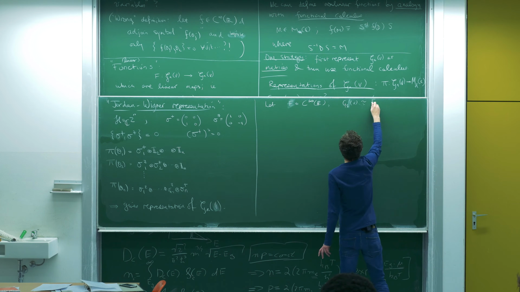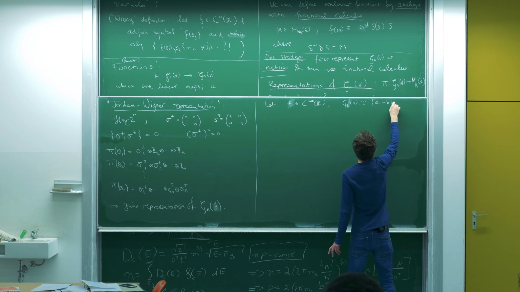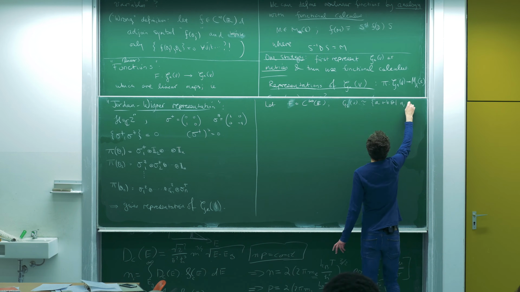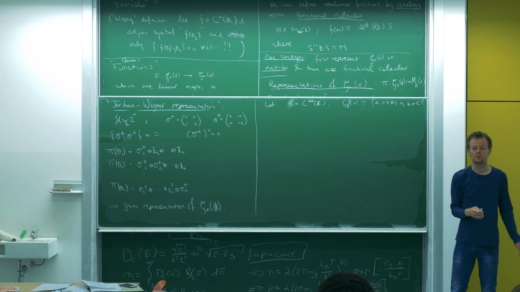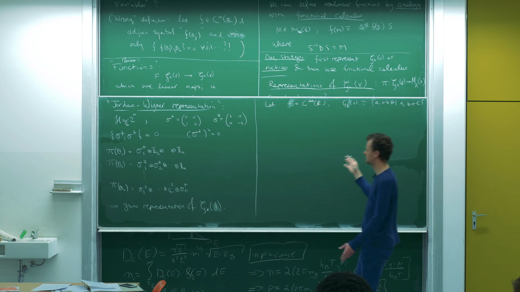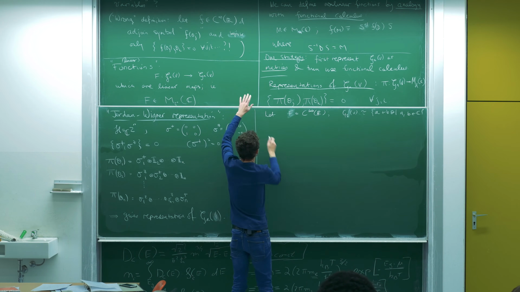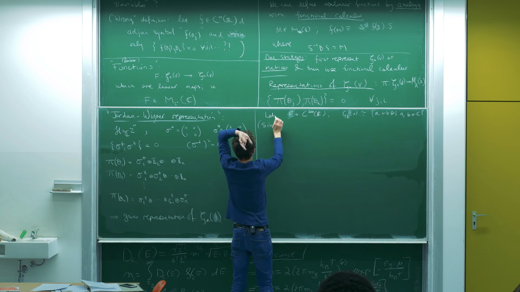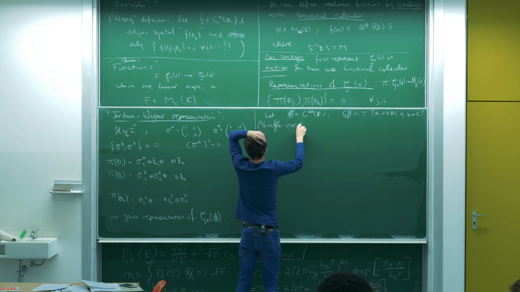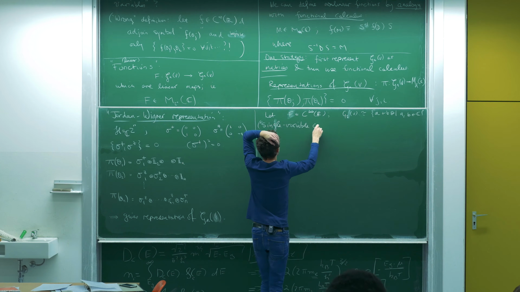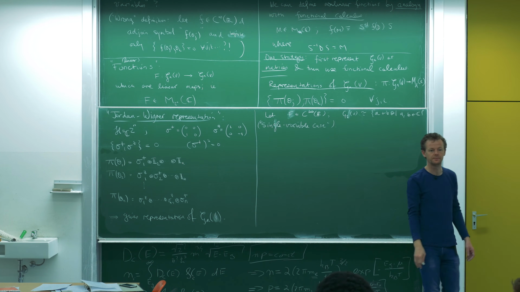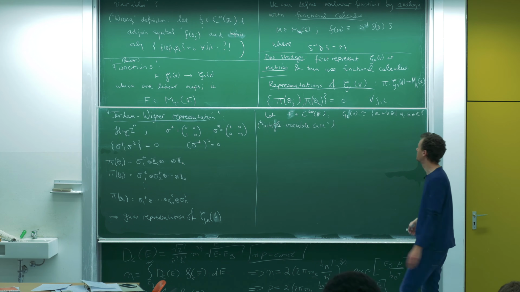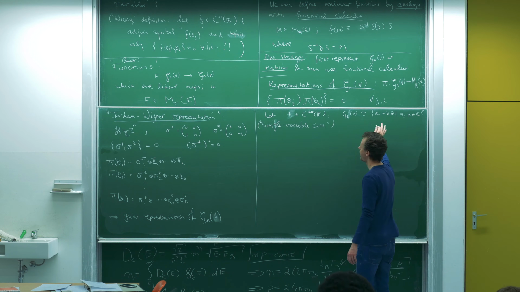So this is just the space of A plus B theta such that A and B are complex numbers. So I should say this is what you might call the single variable case of defining a function of Grassman number.